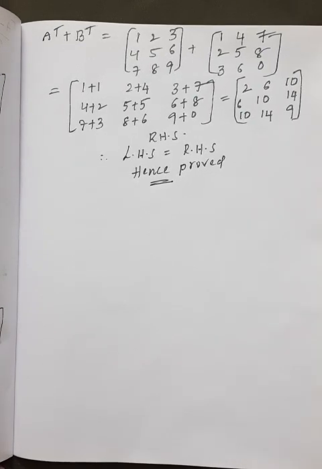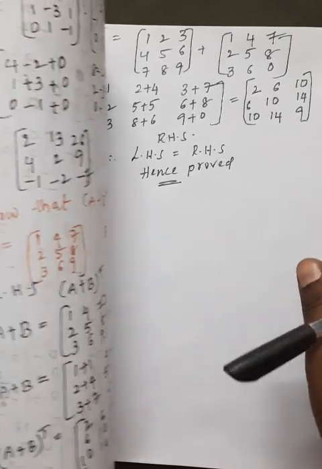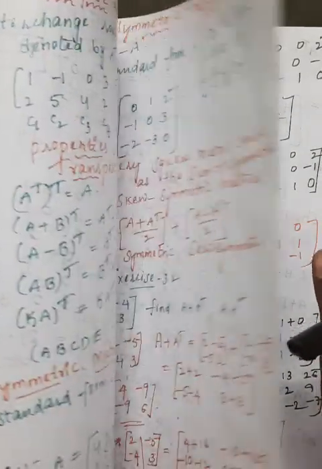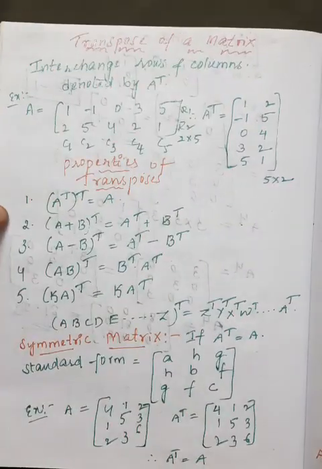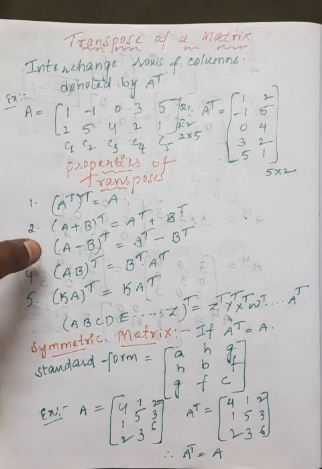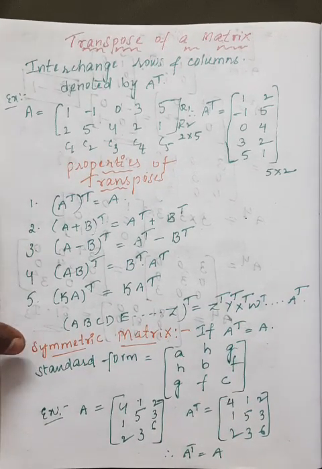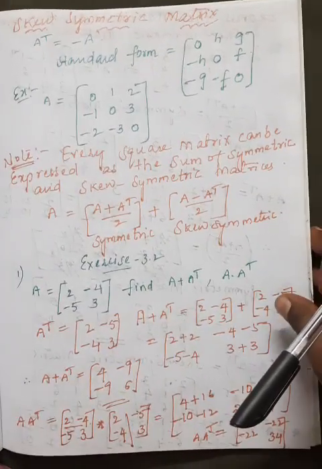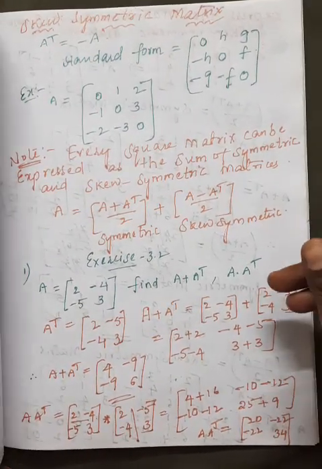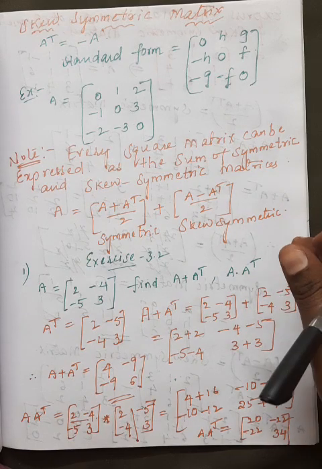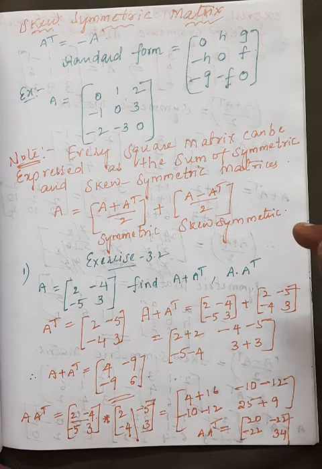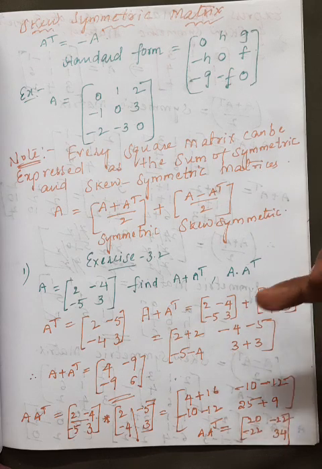So here we have covered all the second exercise problems in this class. We have discussed the definition of the transpose of a matrix and the properties of transposes, and then symmetric matrix and skew symmetric matrix, and the procedure to convert a square matrix to symmetric and skew symmetric matrices.